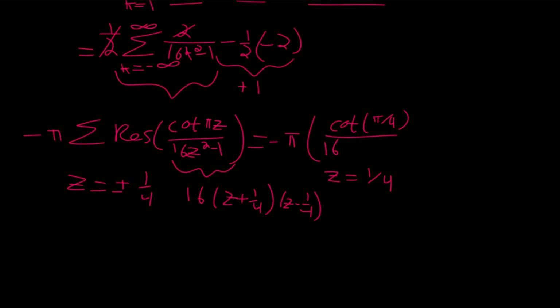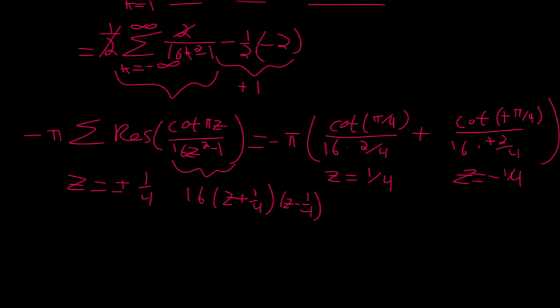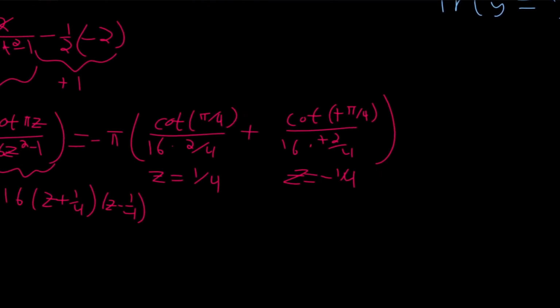So what we're left with is just going to be times 2 over 4. And then similarly for the next residue, for z equals -1/4, we're just going to have the cotangent of minus pi on 4, and then over 16, and then times just -2 over 4. Thankfully, though, the minus signs do cancel, and we're left with this expression right here, which can be evaluated relatively simply.